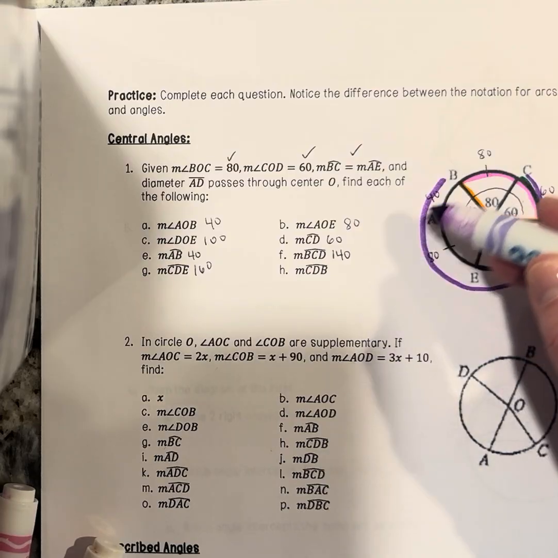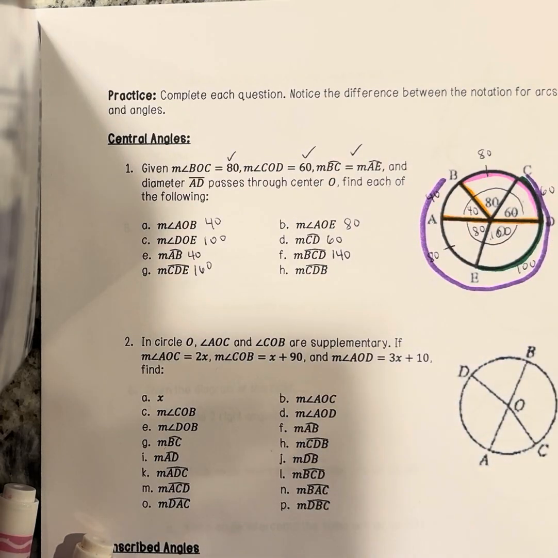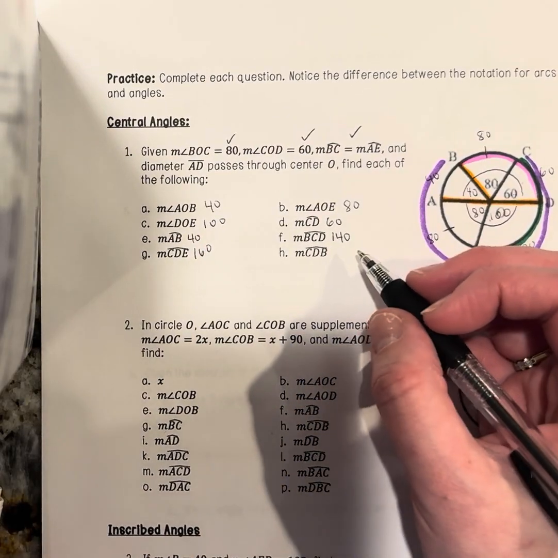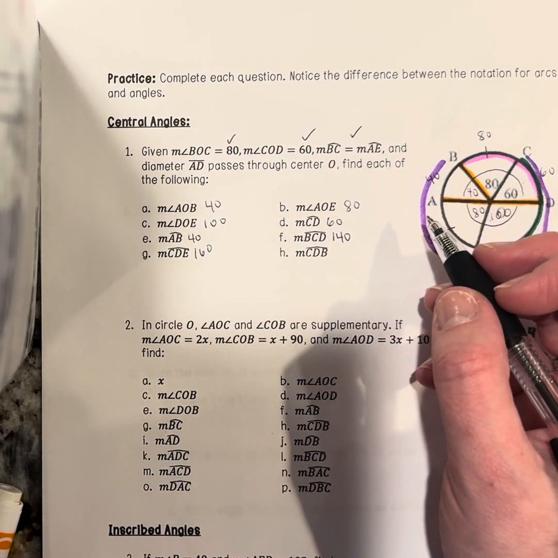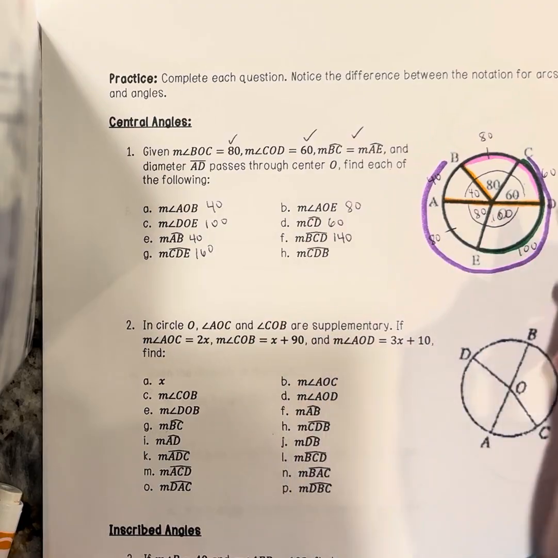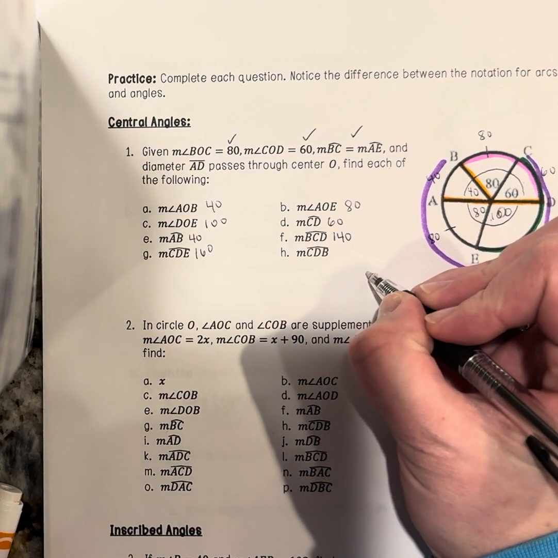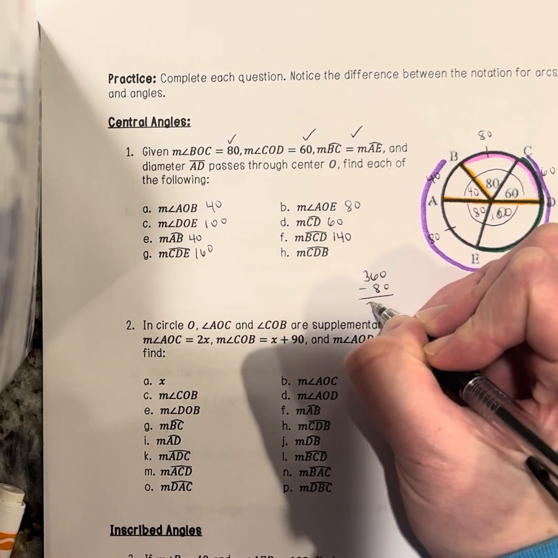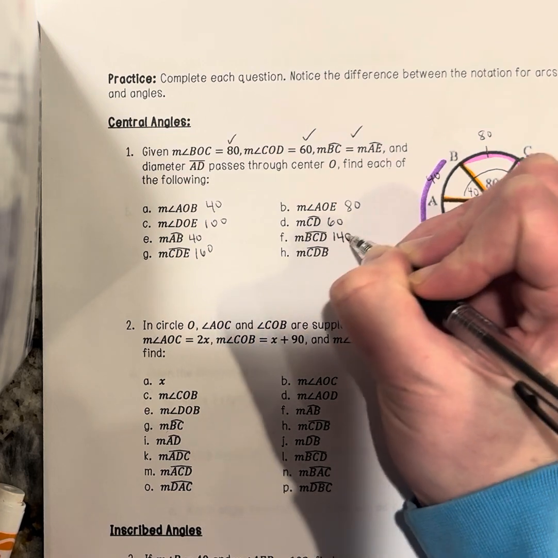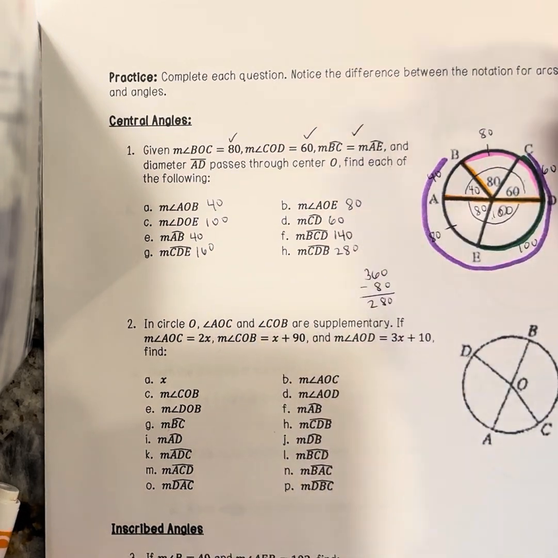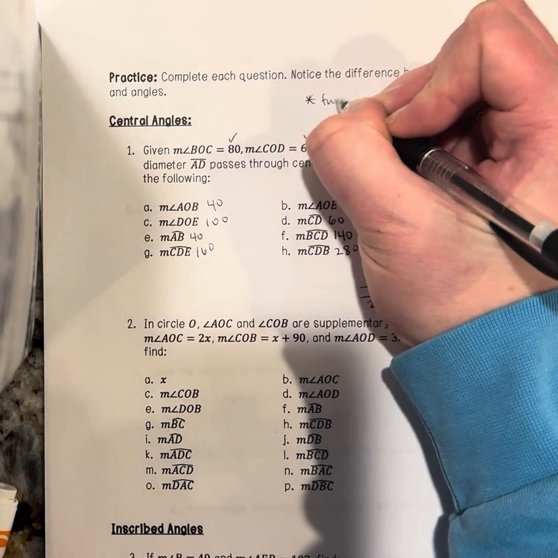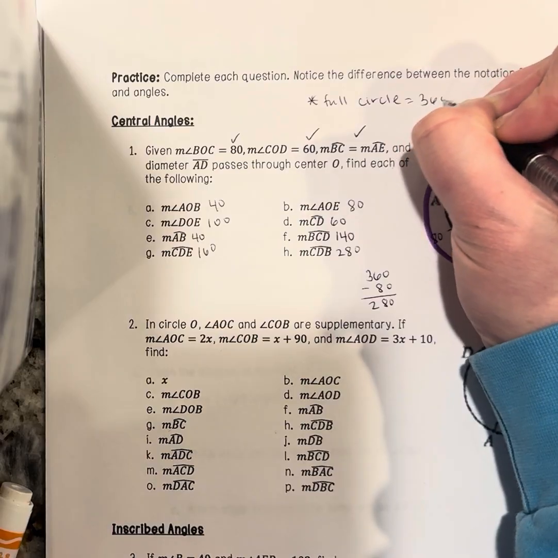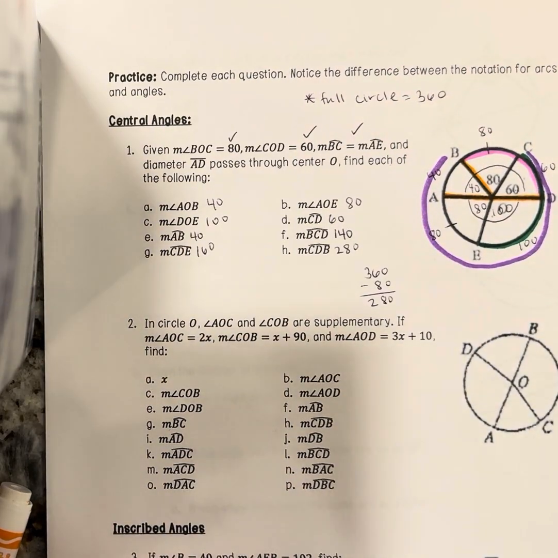So you could either add all of these up, or you could just take 80 away from 360, since 360 is a full circle. 360 minus 80 is 280. So if you have to make a note somewhere like full circle is 360, that's useful information.